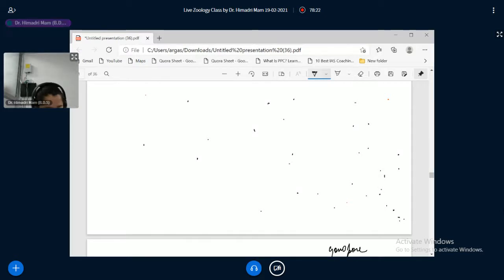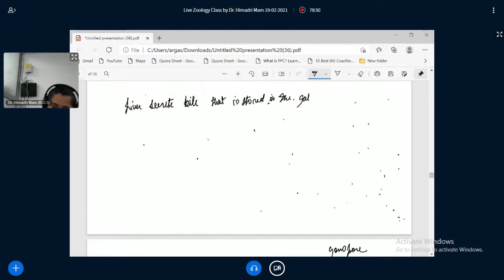Liver secretes bile that is stored in the gallbladder.